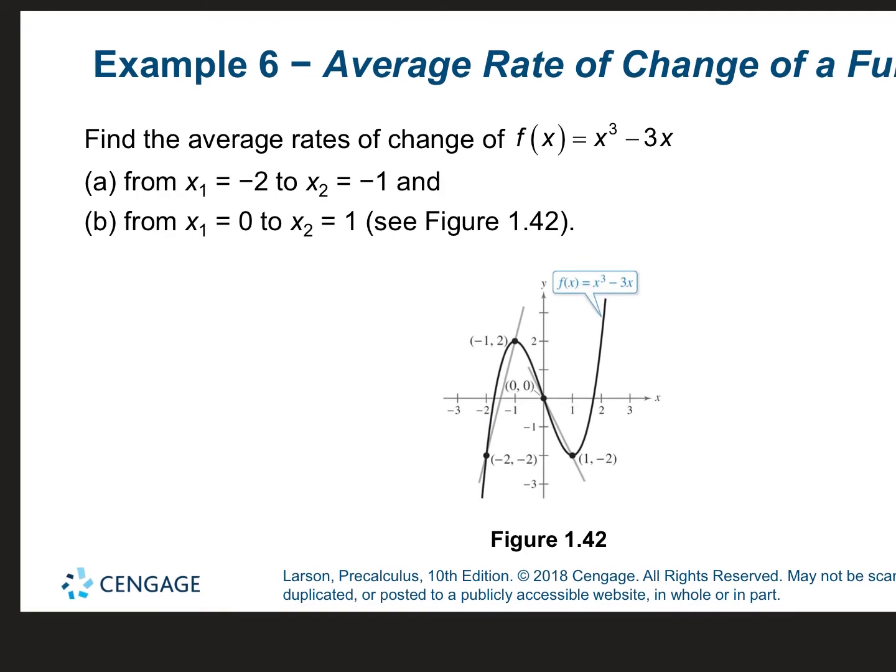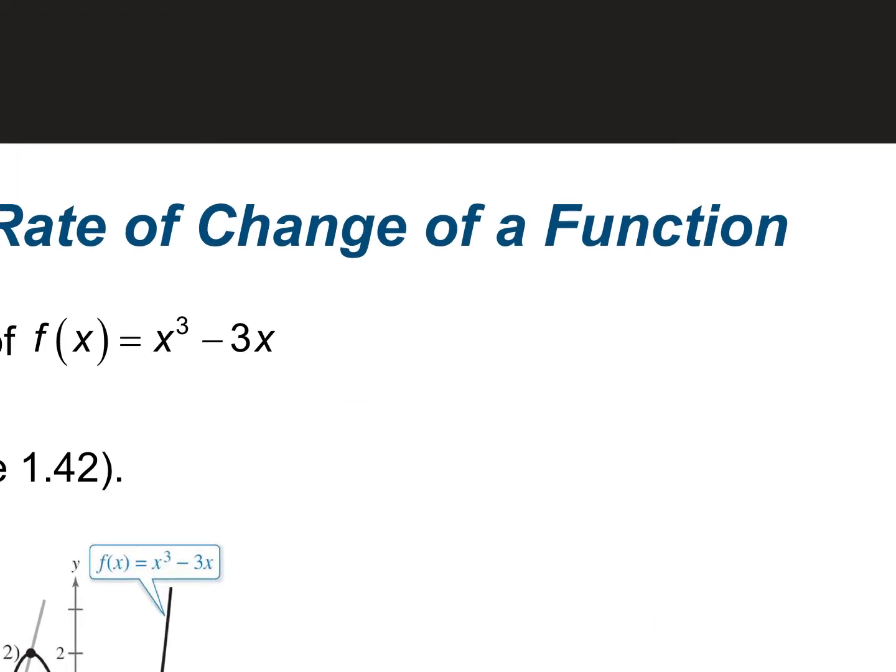Now we're going to talk about something called average rate of change. You already know how to do this. You already know what it is. You just don't know it yet. If I wrote this, and I said to you, what's the slope? 2 over 3, right? That's average rate of change. A slope is a specific average rate of change because it only applies to what kind of lines?